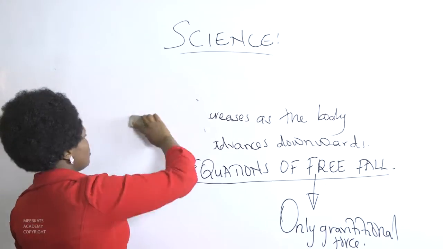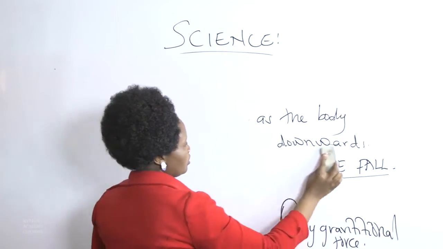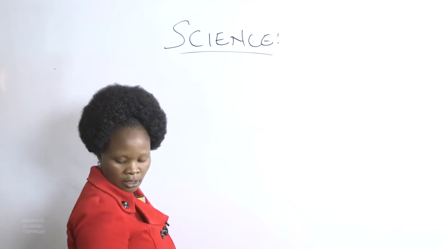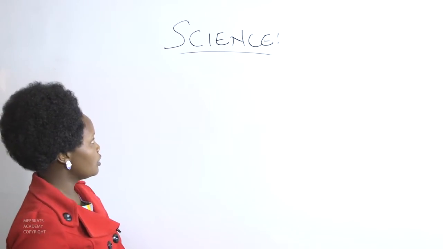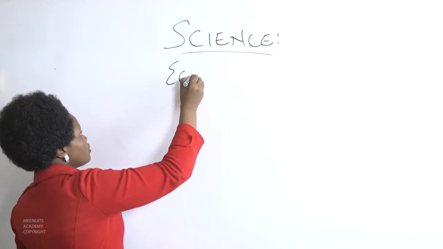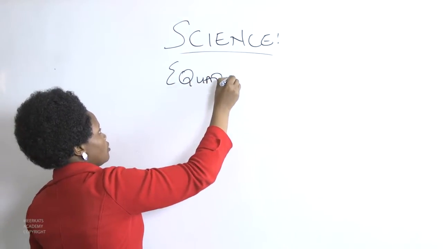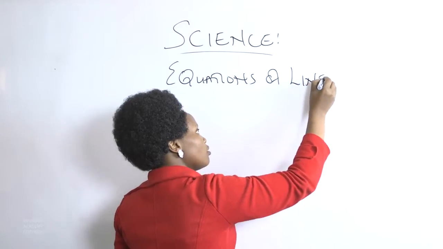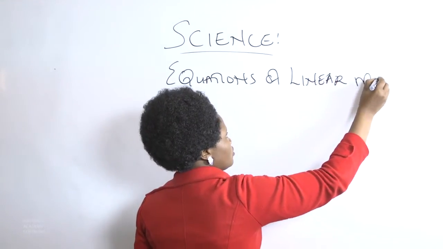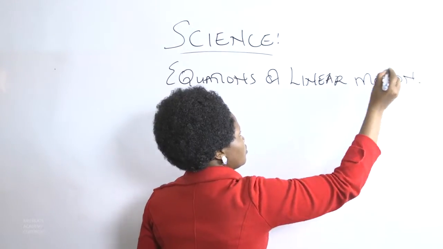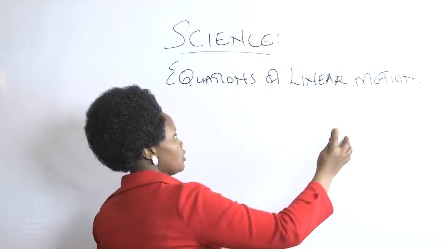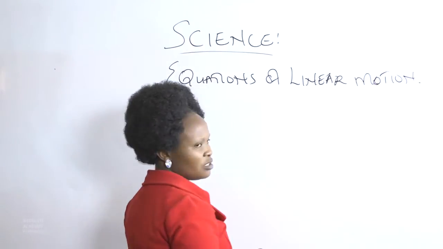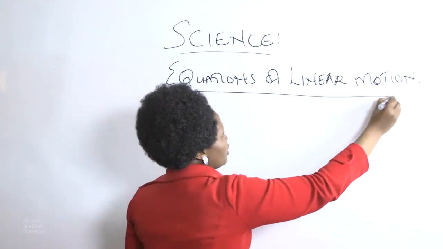Now, we want to come up with about three equations of free fall, and they are going to be derived from equations of linear motion. In general, we have three.